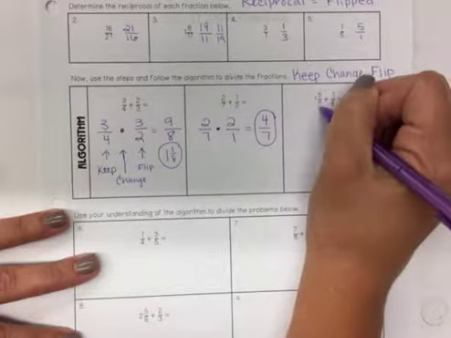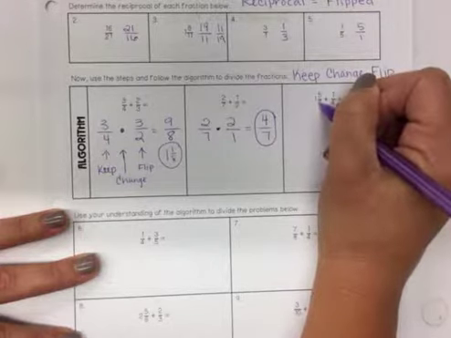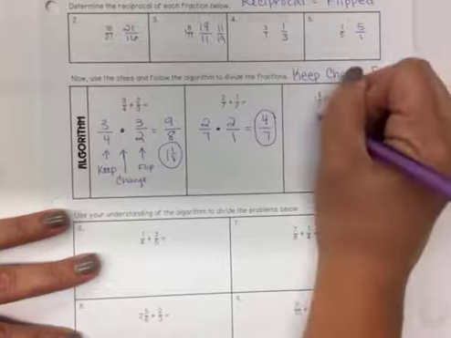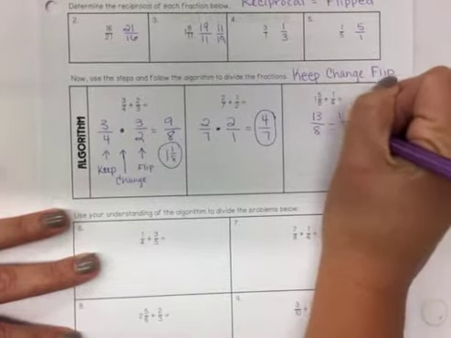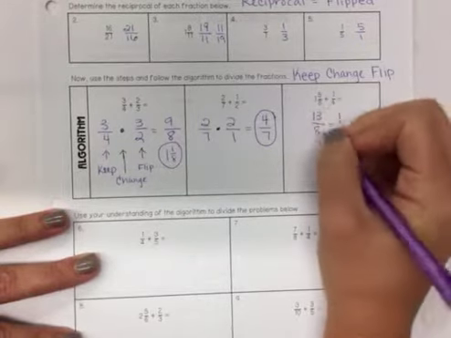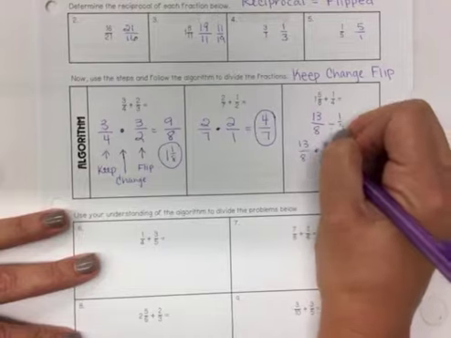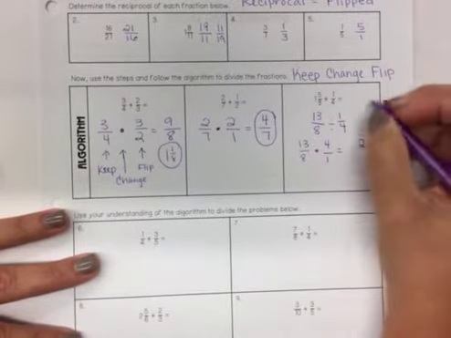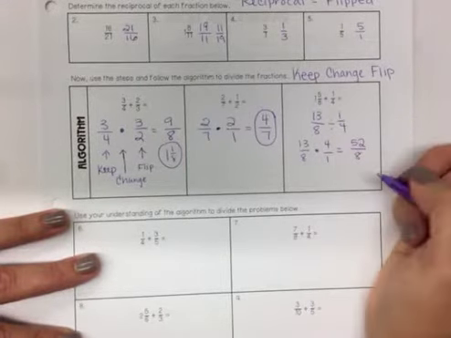This we have to make into an improper fraction. So let's rewrite this entire problem with the improper fraction. So 8 times 1 is 8, plus 5 is 13 over 8 divided by 1/4. Now I'm going to do the algorithm. 13 over 8 times 4 over 1. 52 over 8.